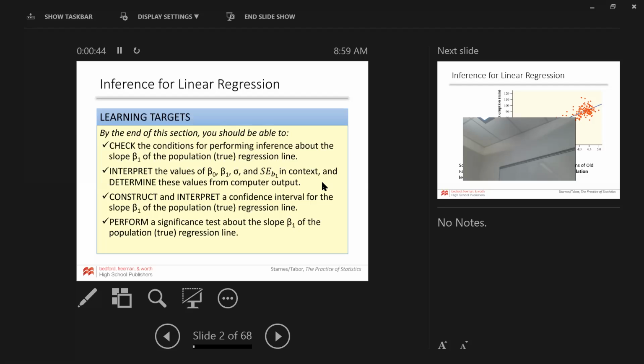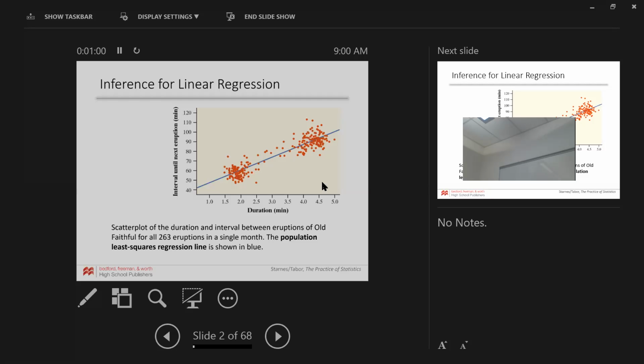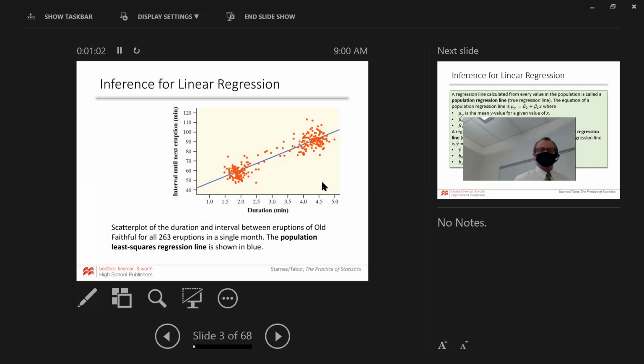But we did linear regression. You did it before you even walked into this course. We're coming back and combining linear regression and inference. So, here's their example. They have 260 data points here where they plotted them.